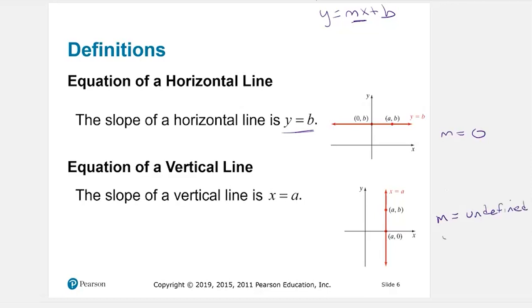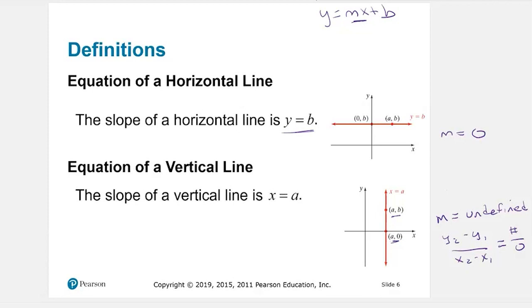Because if we say y2 minus y1 over x2 minus x1, notice my x's are the same, a and a, whatever it is. If it was 1, it'd be 1 and 1. So I would always get 0 in the denominator. So that would be some number over 0, which is undefined. So if you're asked for the slope of a vertical line, it's undefined.